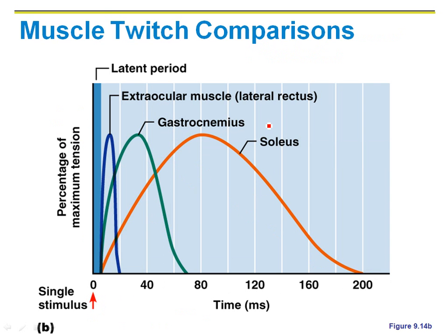Different skeletal muscles have different types of cells in them, and so they have different twitches. A muscle that's a fast twitch, like your lateral rectus, you can see doesn't take very much time at all to go contraction, relaxation. Incredibly short time. So this muscle is going to tire out easily.